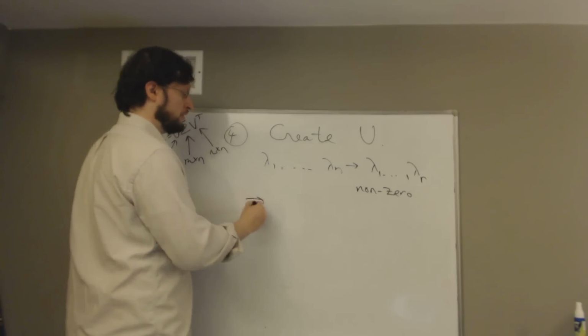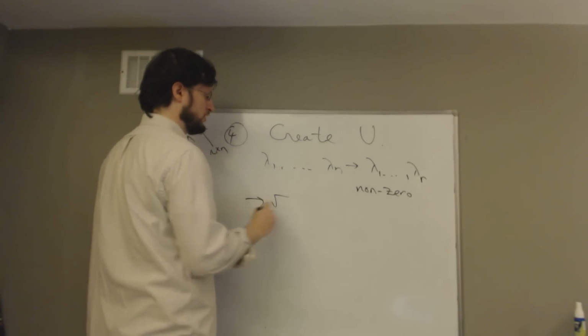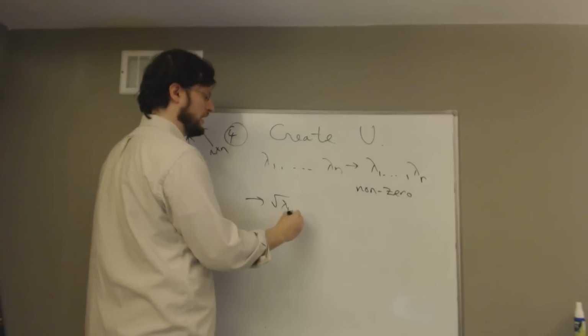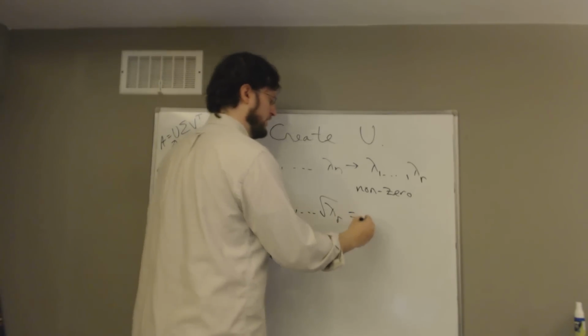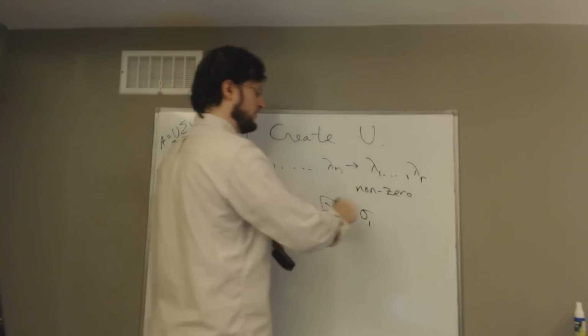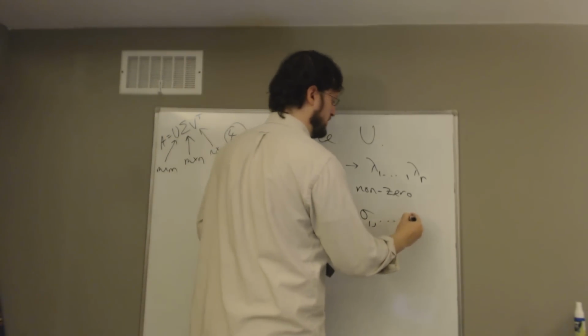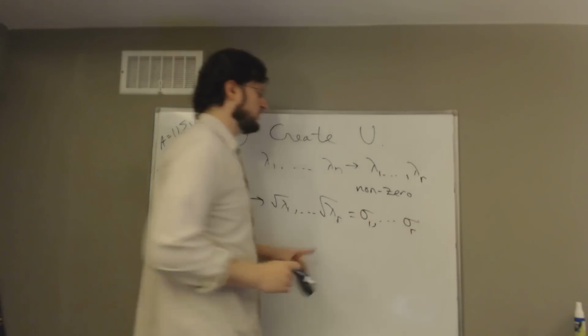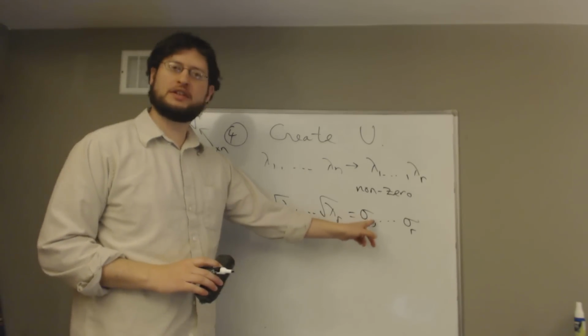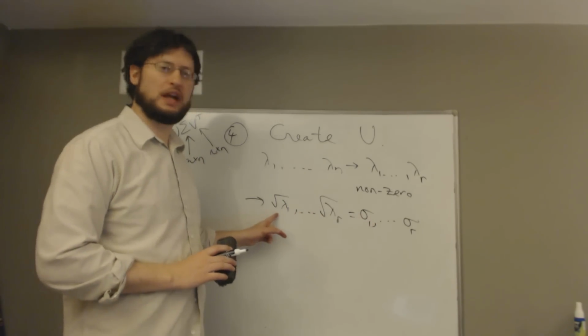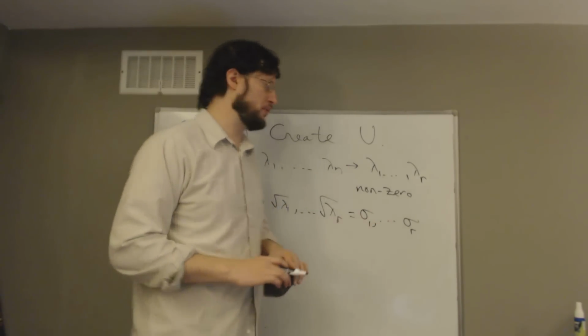Then we took the square roots, so the square root of lambda 1 through the square root of lambda r, which is sigma 1 through sigma sub r. This is a new symbol: sigma for singular values. Singular values are the square roots of the eigenvalues of A transpose A.